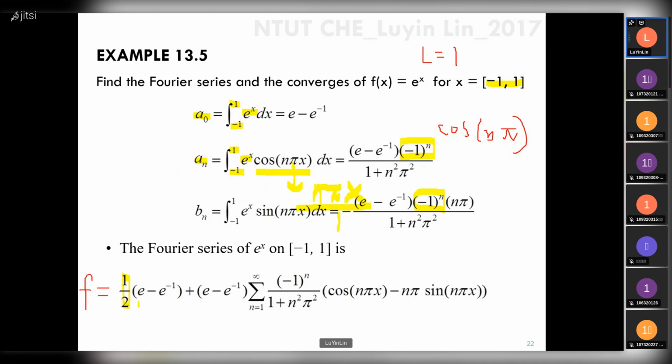So a0 here, and then the an here, you bring the common term outside. Also for bn, you bring the common term outside, then you leave the cosine and sine of n pi x here. This is the Fourier series of exponential x.